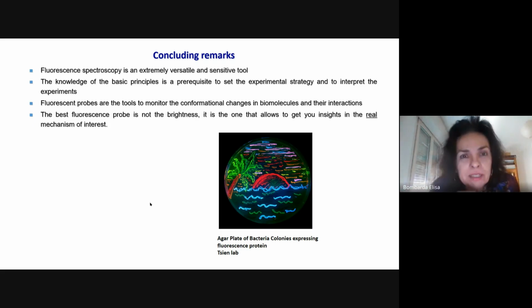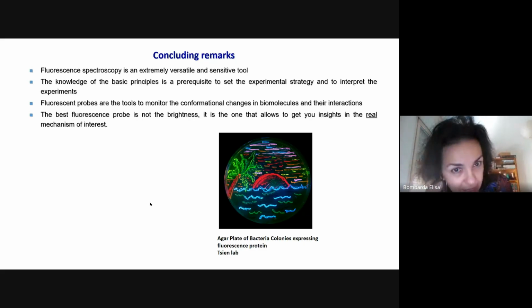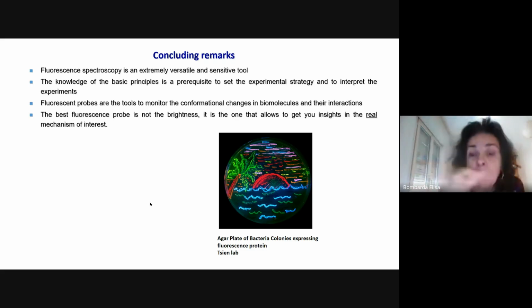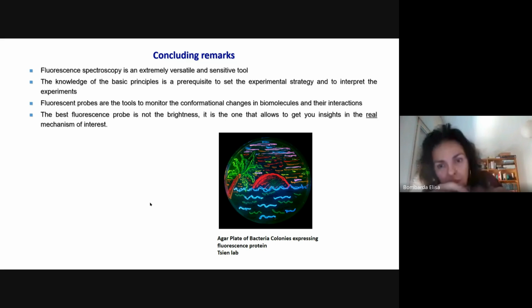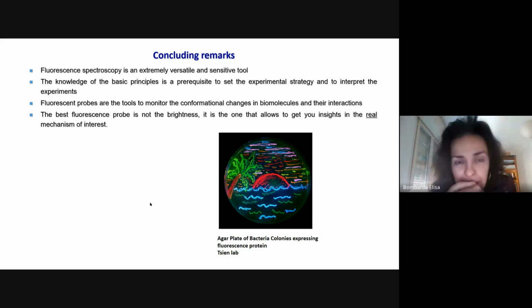So versatile, there are several types of techniques that are based on the fluorescence signal, and they can be more adapted for investigating one process or the other.